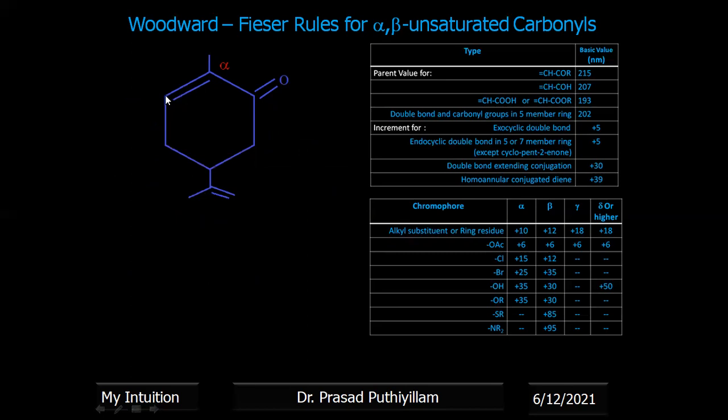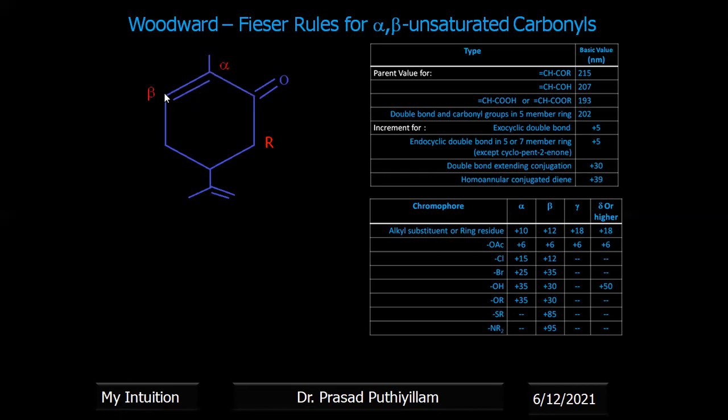You cannot treat this as the alpha position; we need to have a double bond in conjugation, and only then can we follow this table. Therefore the alpha and beta positions have the double bond, and this one we consider as a ring residue.